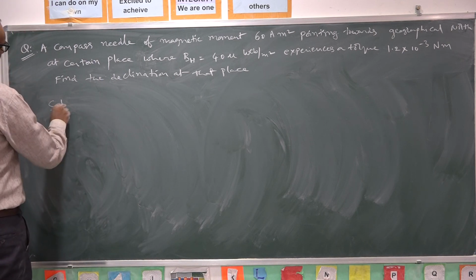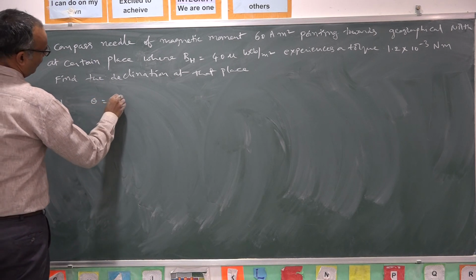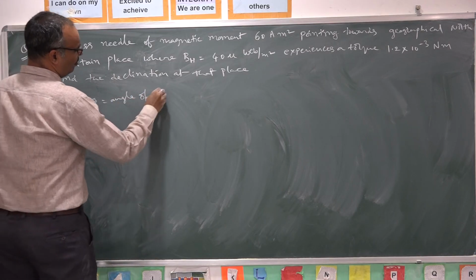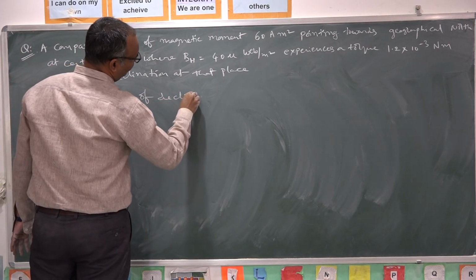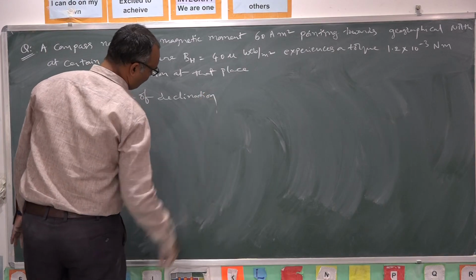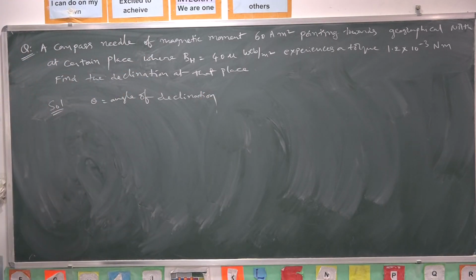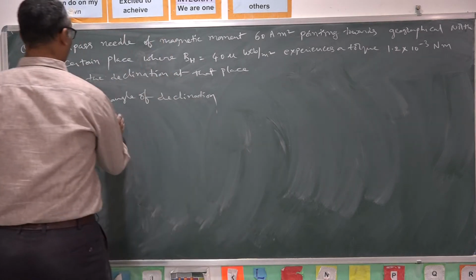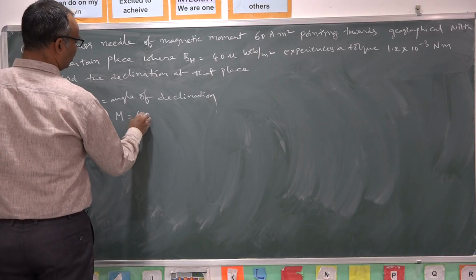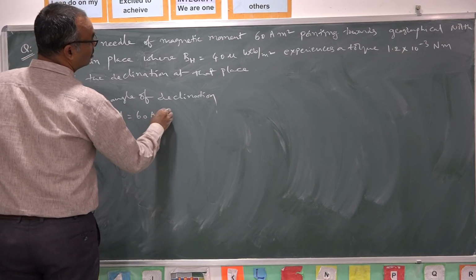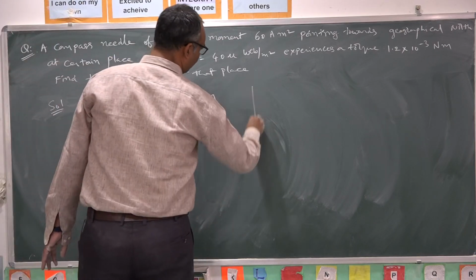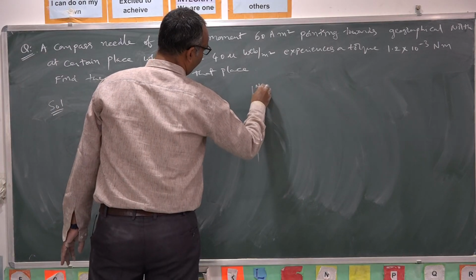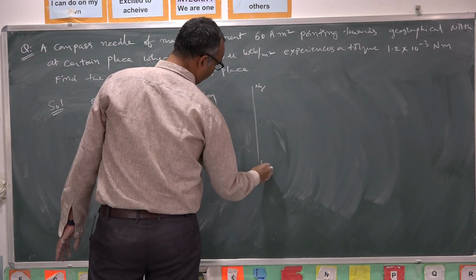Solution. Theta is the angle of declination. A compass needle of magnetic moment M, 60 ampere meter square, is kept in the geographic north direction. This is geographic north, geographic south.